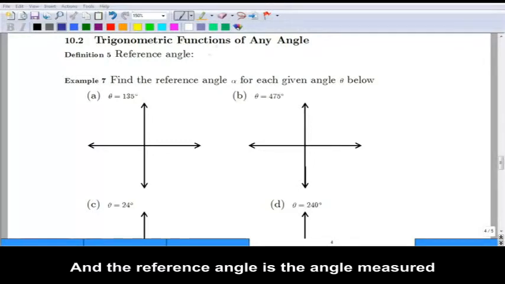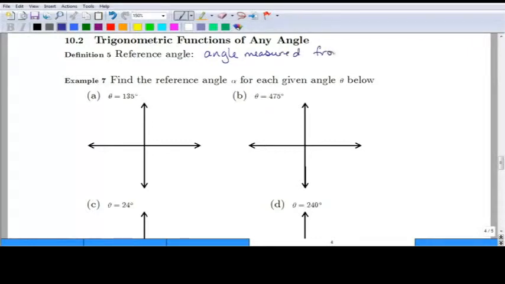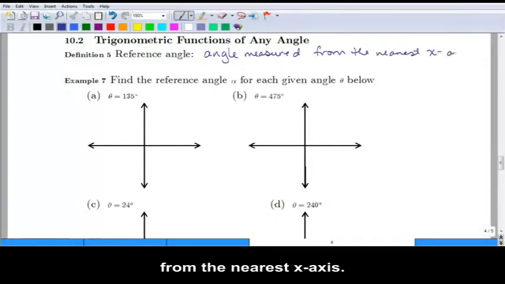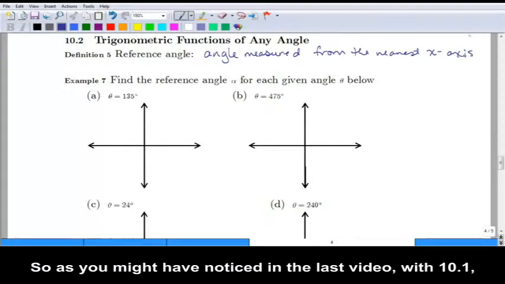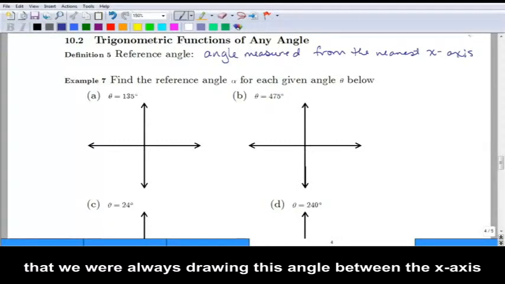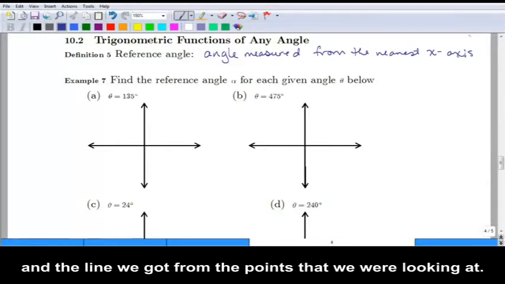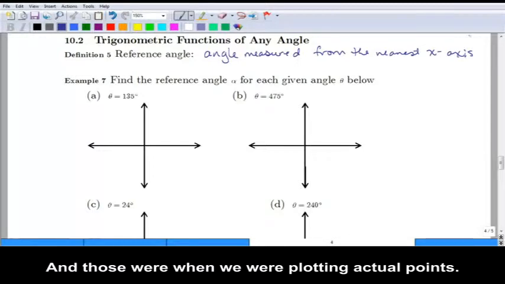And the reference angle is the angle measured from the nearest x-axis. As you might have noticed in the last video with 10.1, we were always drawing this angle between the x-axis and the line we got from the points that we were looking at, when we were plotting actual points.